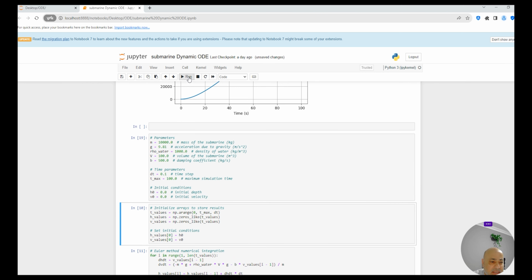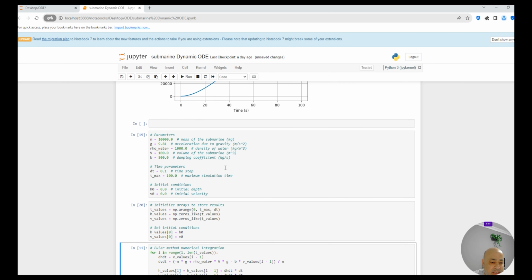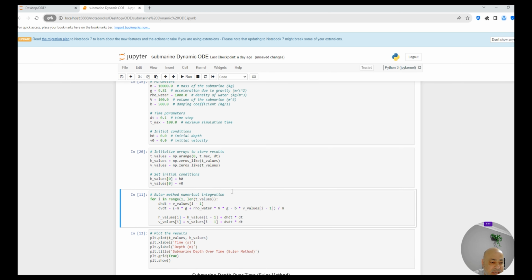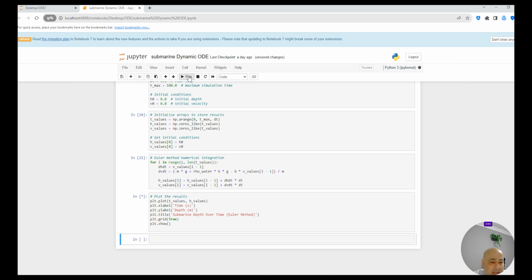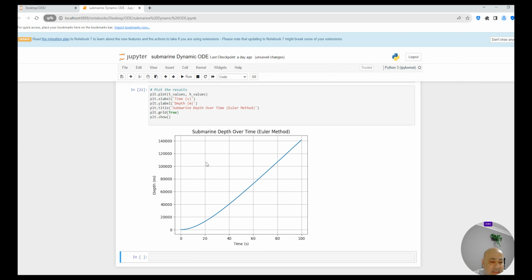So if I run this, first initializing the parameters, then initializing and creating the arrays, and then my for loop, which is the Euler method for integration, and the last thing is to plot the result, and as you can see, the result is plotted.